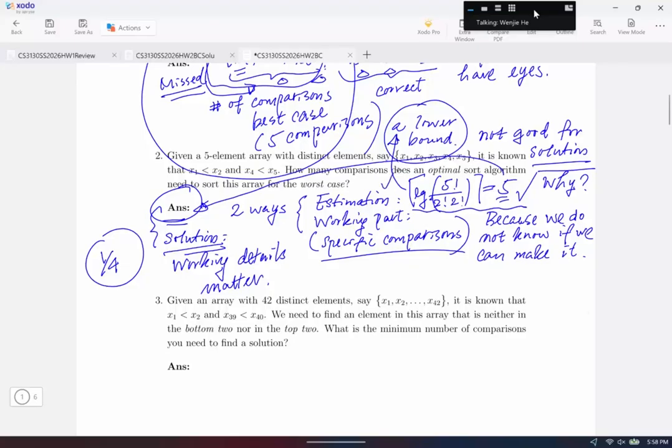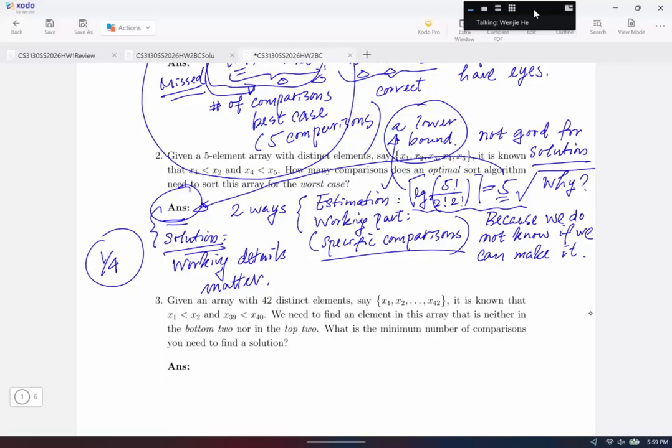But one thing, if you cannot use another method to solve this problem, then with this method, at least you can get a partial credit. So when you apply this method, you need to know all these things behind it.